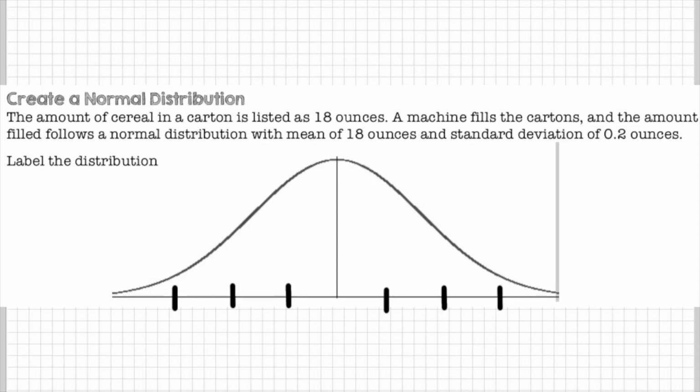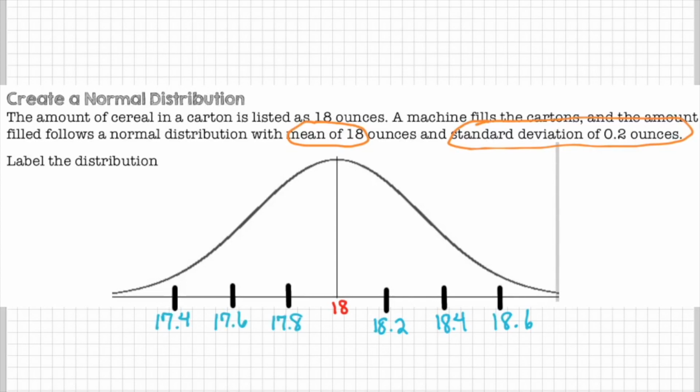Label the distribution. So we put 18 in the middle because it tells us that the mean is 18 right here. And our standard deviation is going to be 0.2 away from the mean, to the left and to the right. Just like a number line, we're going to add 0.2 to 18 all the way to the end, and then subtract 0.2 from 18 to go to the left.